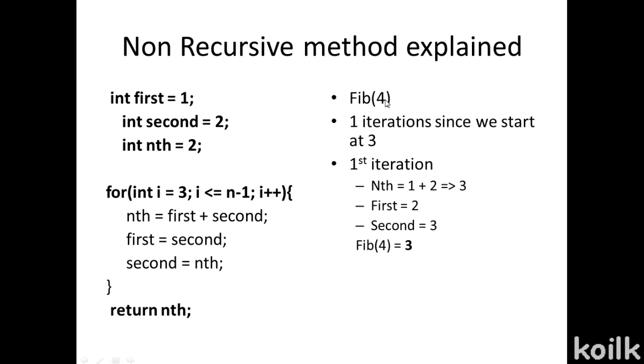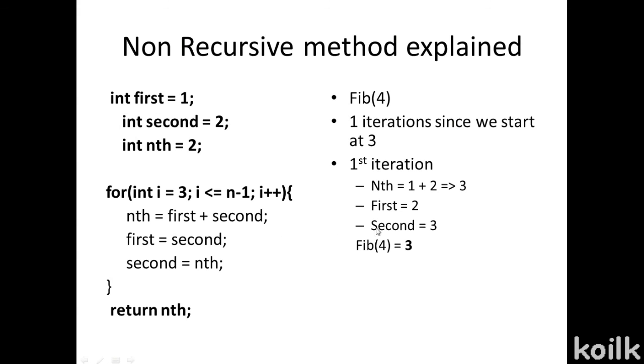Let's just say I pass in the number 4. Due to the fact that I start at 3, there's only going to be one iteration since I'm passing in 4. In this first iteration, the nth variable is going to be set equal to 1 plus 2, first plus second, which you can see here.